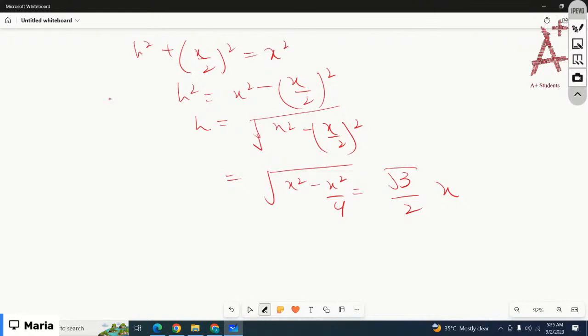That means the area of the triangle is square root 3 over 4 x square. So the total area is the area of the triangle added to the area of the rectangle, right? So it would be A equals square root 3 over 4 x square plus x times 30 minus 3x over 2, right?